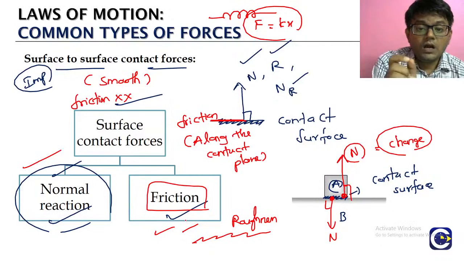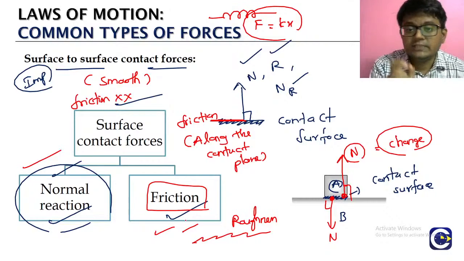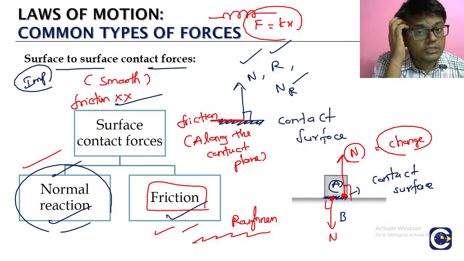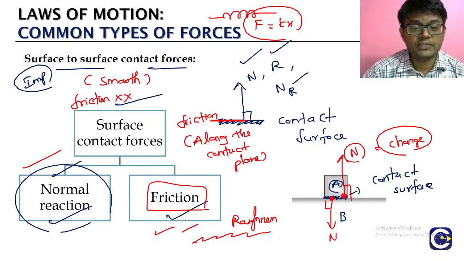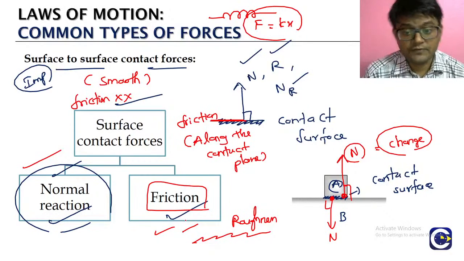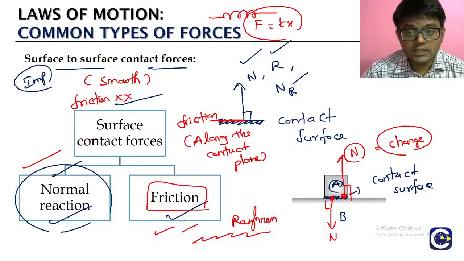If they want us to consider friction, then some information has to be provided. We will understand what information has to be provided when we go to the frictional force and the problems based on friction. They have to give us some information, then only can we find the value of the frictional force and do problems involving it.